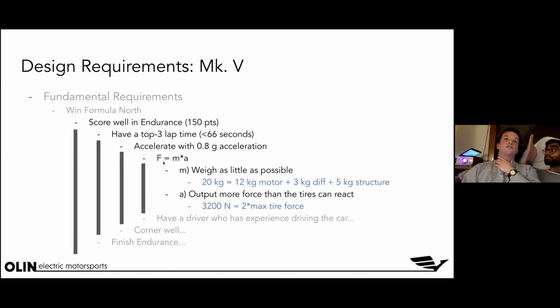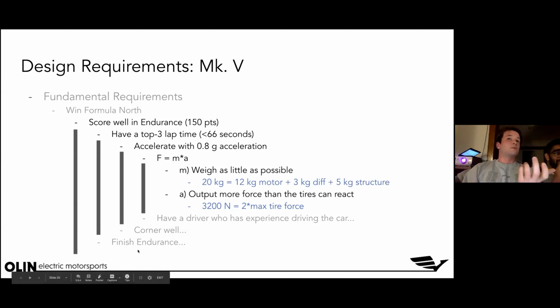But what you'll notice is that each of these only represents the first bullet point in this stack up. Inside score well in endurance, you have a top 3 lap time, but you also have finishing endurance. And if this is the accumulator subteam, you'd also have not running out of charge, not overheating, things like that.